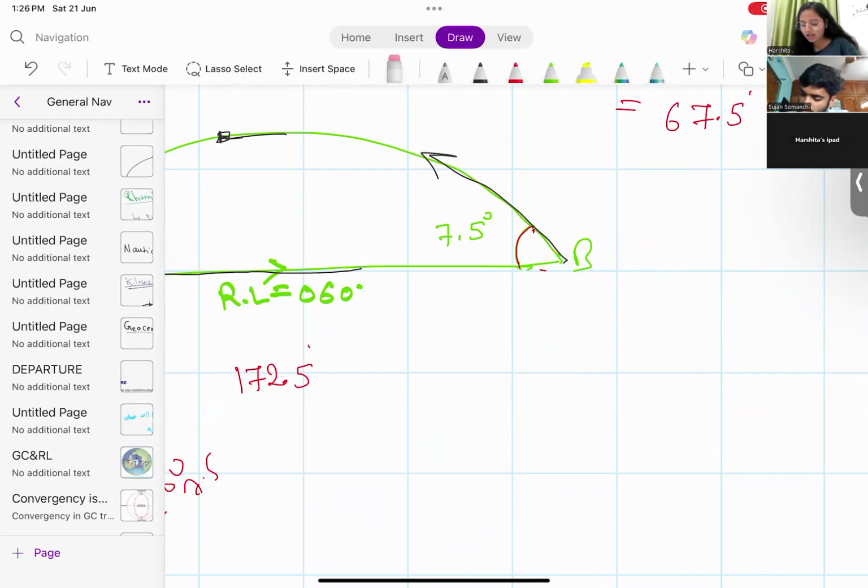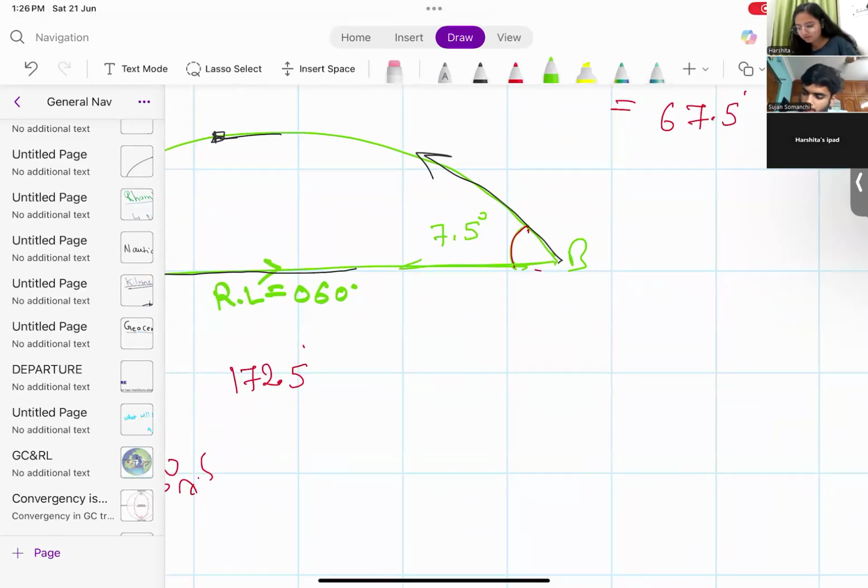The first method which I told you last time, we found out this value, this one. We added this angle to get this one. My question is to find this one.